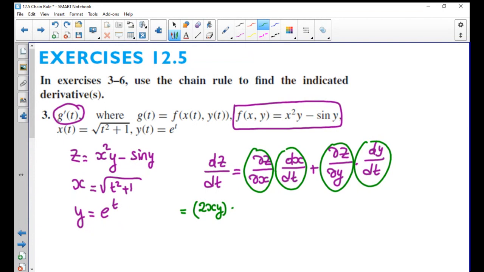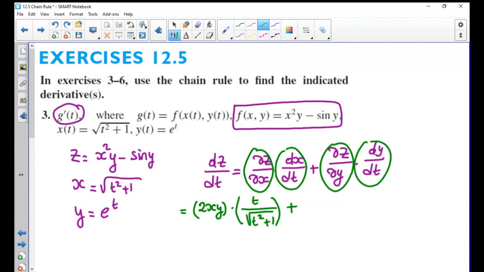Okay, the derivative of this, I will give it to you. You can calculate it; there are different ways of doing that. It's going to be basically t over the square root of t squared plus 1. You can check that if you want. Plus dz over dy.